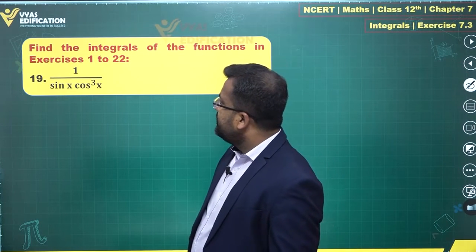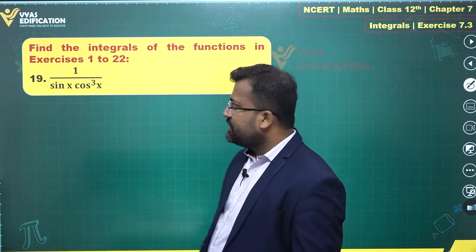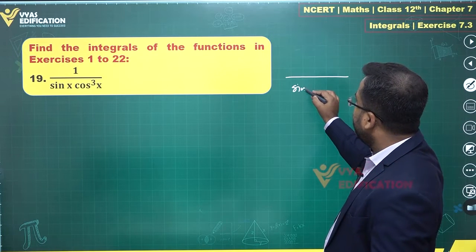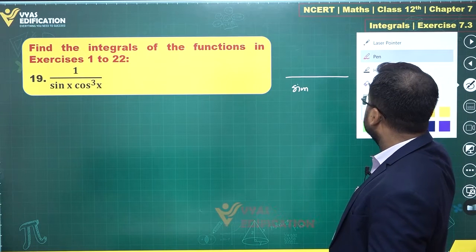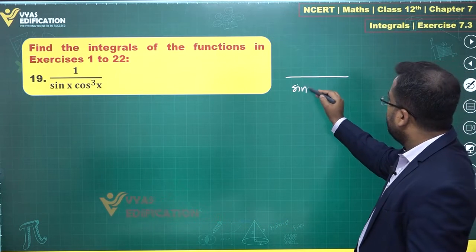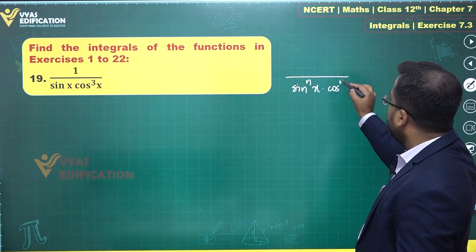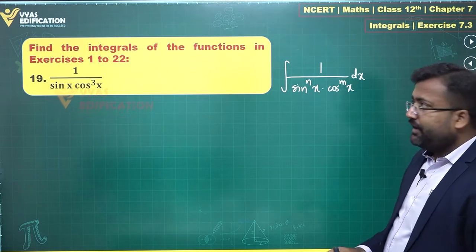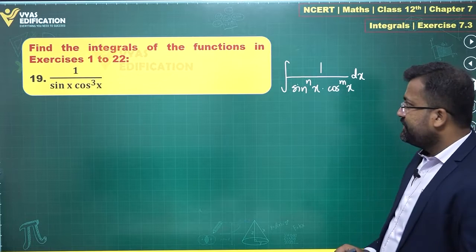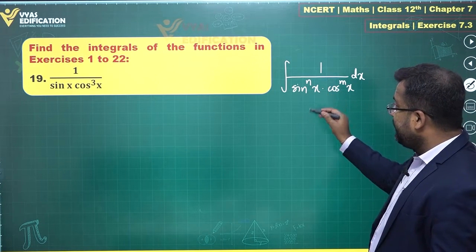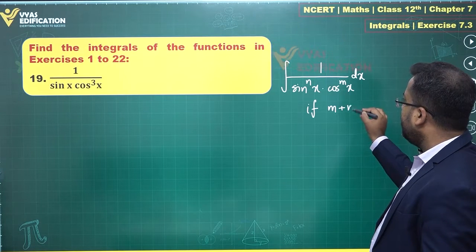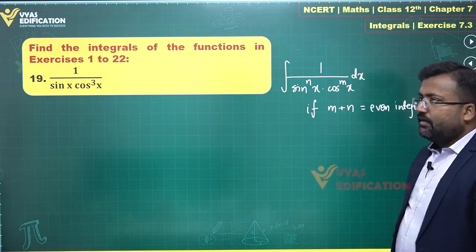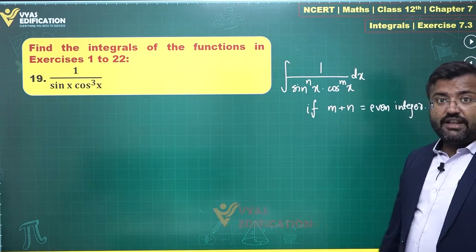In such questions, when you observe that in the denominator you have sine power n x into cos power m x, what do we do in such cases?